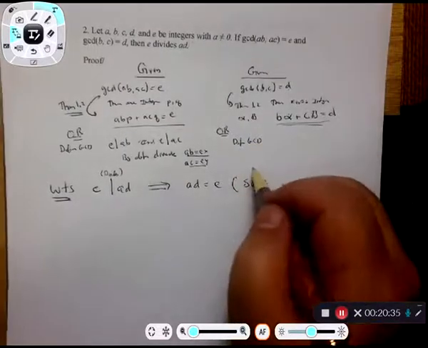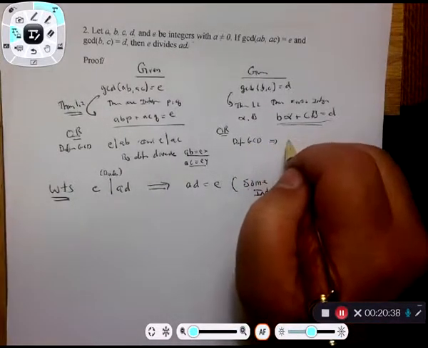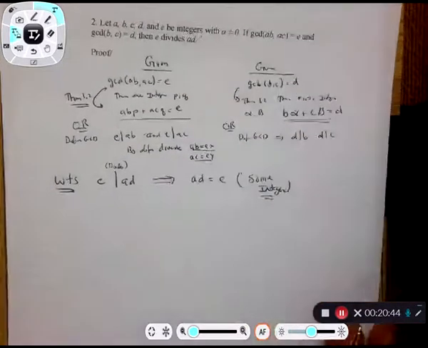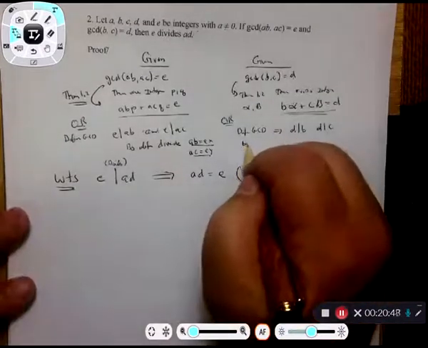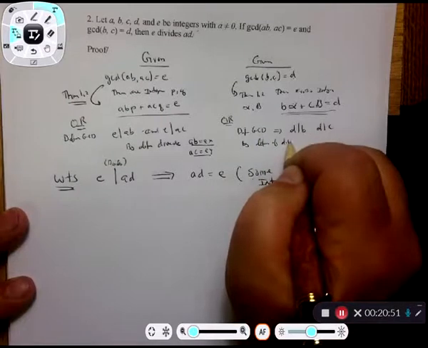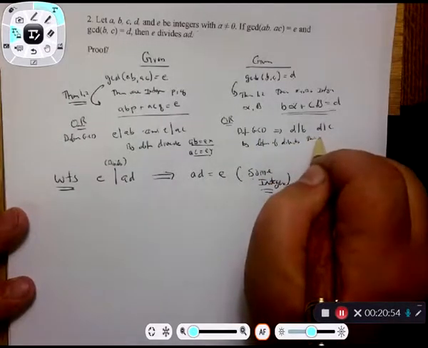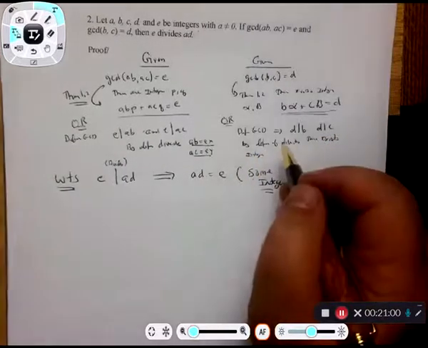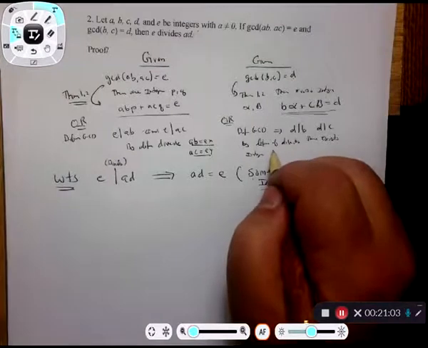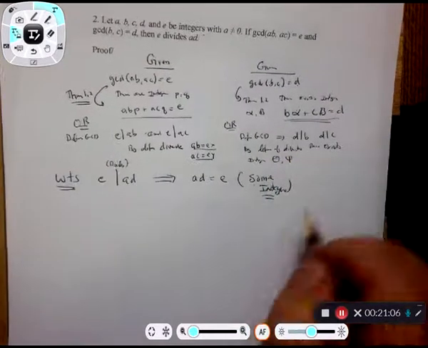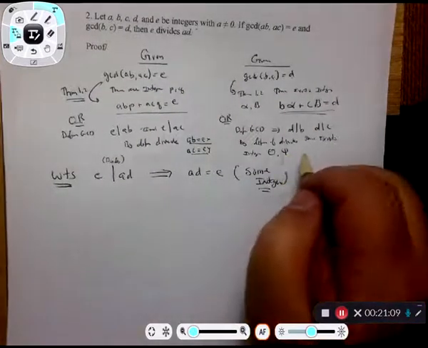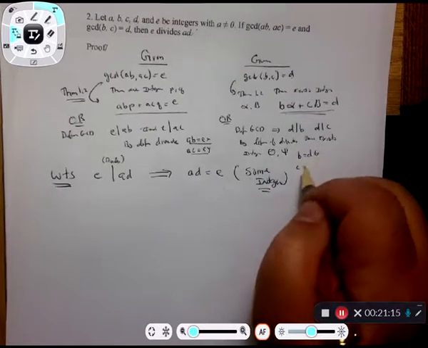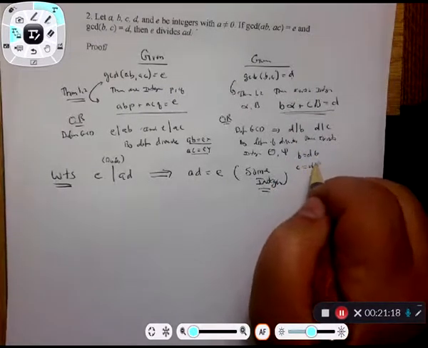With the definition of GCD, that means D divides B and D divides C. And by definition of divides, there exist integers, stick with the Greek letters, theta and psi, such that if D divides B, B is equal to D theta, and C is equal to D psi.